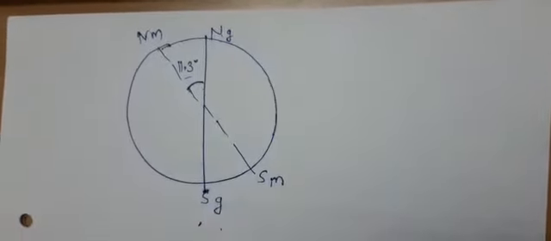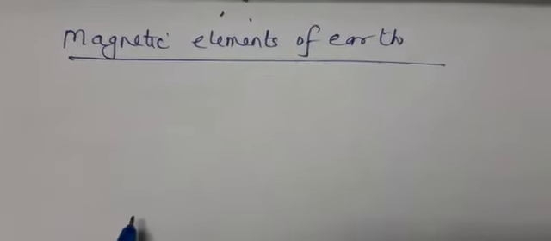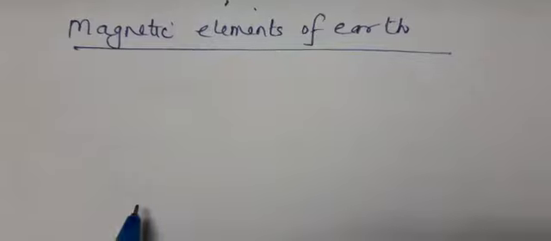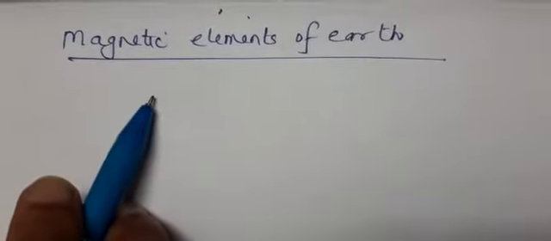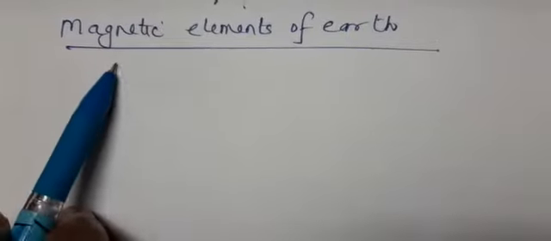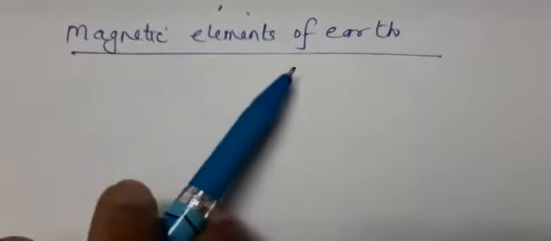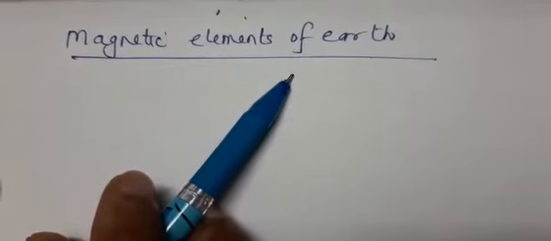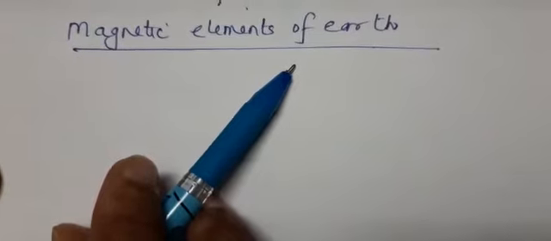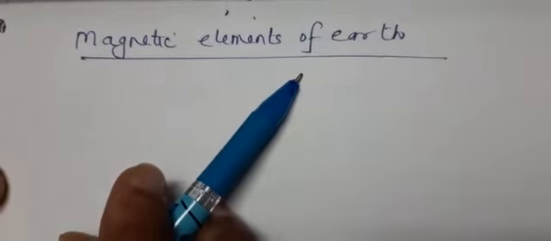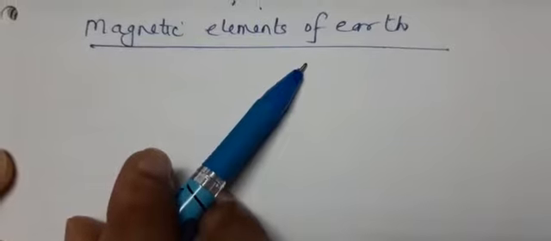Now the next topic which we are taking is magnetic elements of Earth. We just have to give a brief description of Earth magnetism and magnetic elements of Earth. Magnetic elements of Earth at a place are the quantities which describe completely, in magnitude and direction, the magnetic field of Earth at that place.